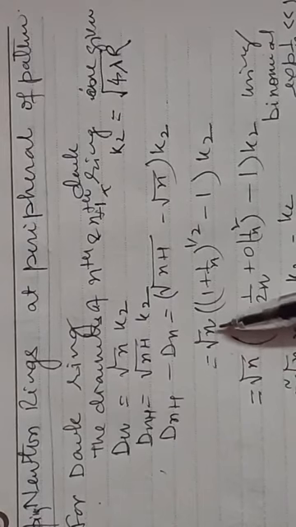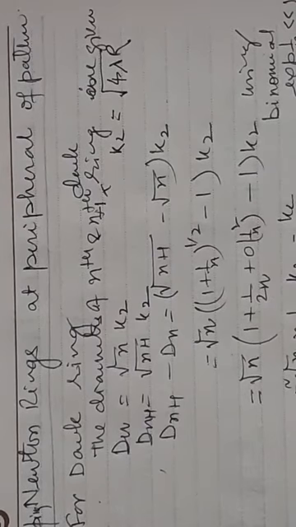Under root of n is taken out from this. Now n is a large value, so applying the binomial expansion, because 1 by n is very small, we have Dn plus 1 minus Dn is equal to k2 upon 2 times under root n.